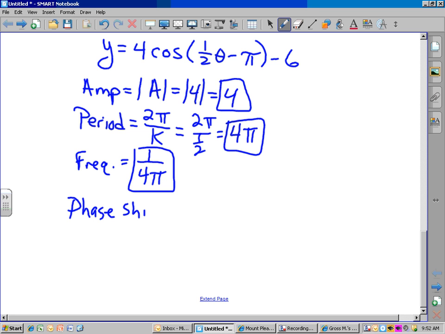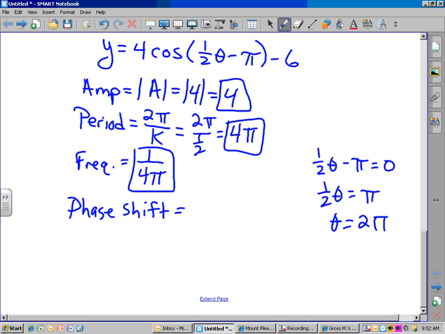Phase shift. Again, I personally like to set whatever is inside of the parentheses equal to 0 and solve. You get 2 pi.